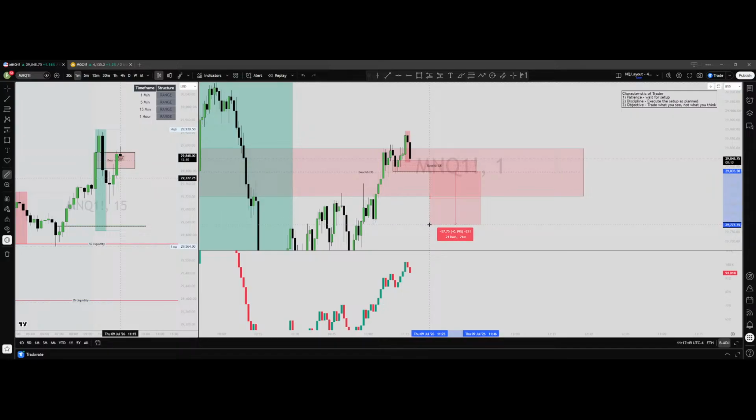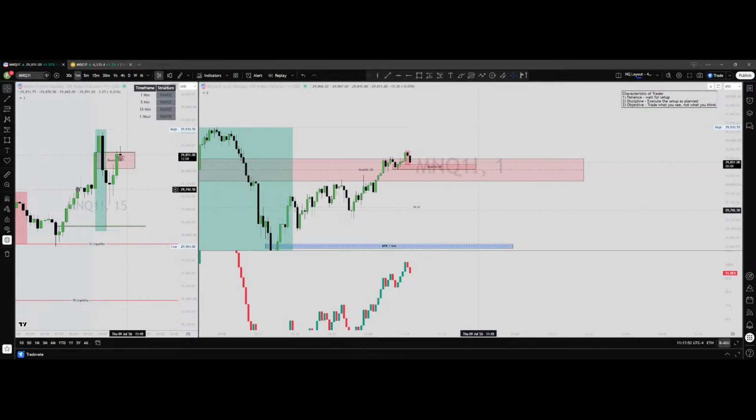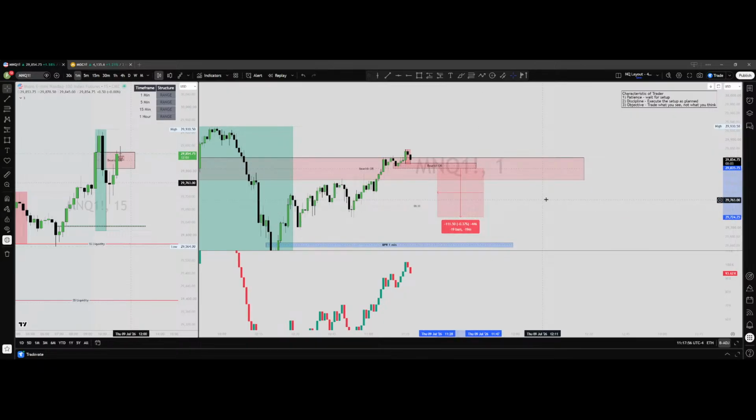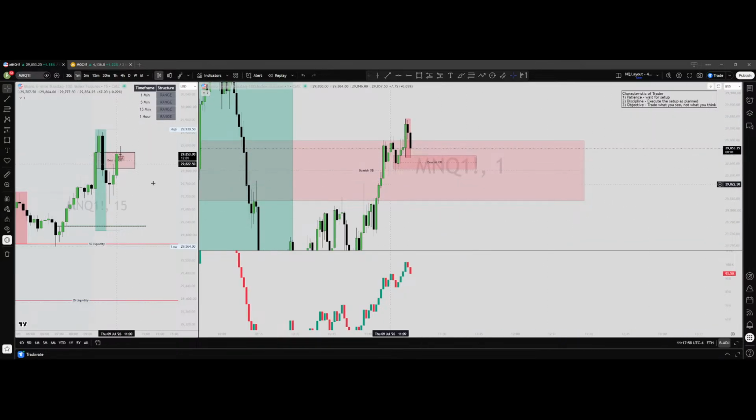We will be looking for about 100 points from here, but only if we get a good closing.